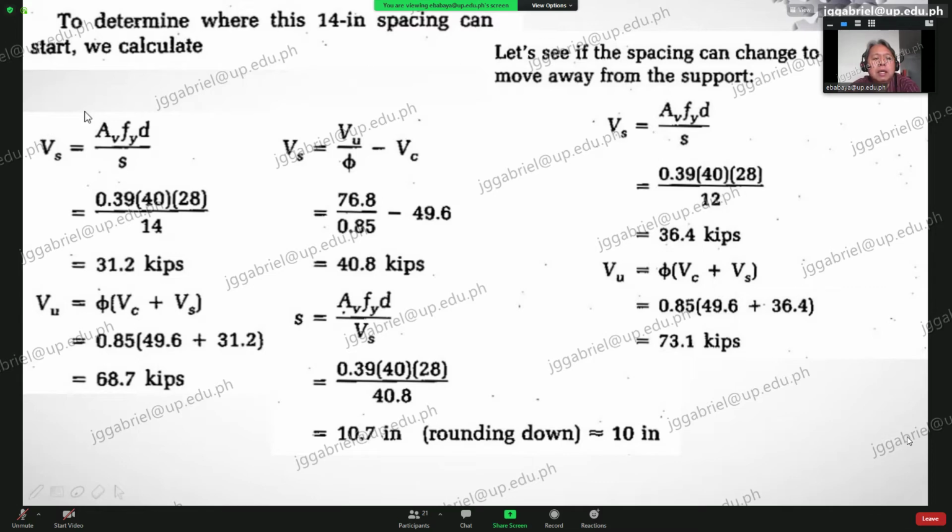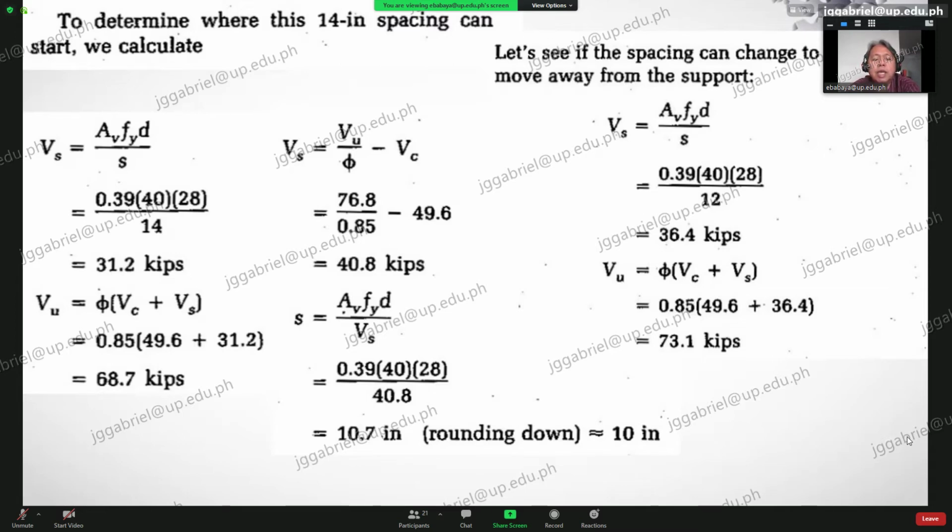Our spacing is 14 inches, AV is 0.39, FY is 40, and then your D is 28. Now, since this is 40, it's not PSI, it's not pounds per square inch.